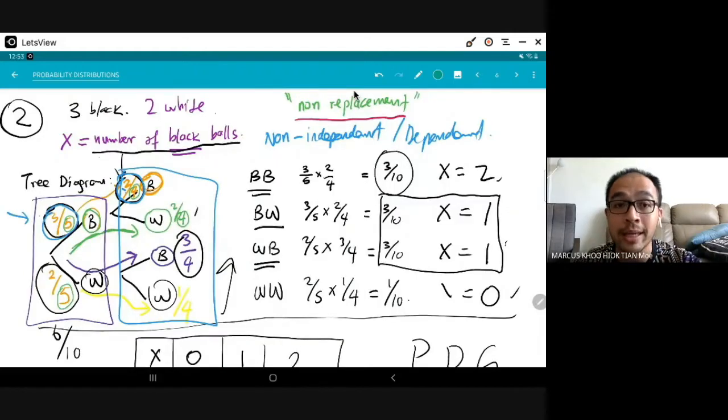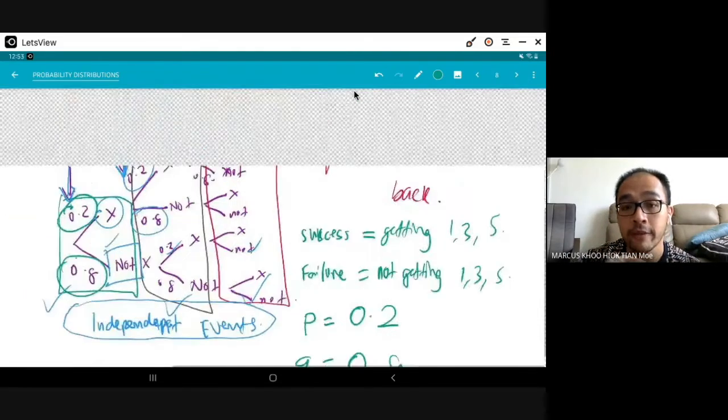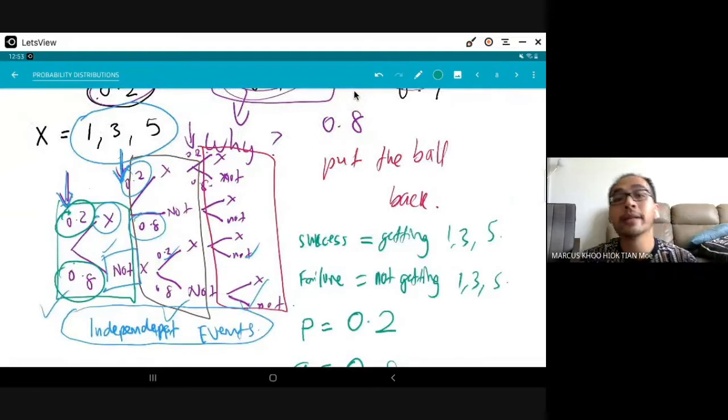We cannot do binomial in this situation, because once you take a ball, you do not put it back. The number of balls has decreased. So this non-independent case, we are not interested in this anymore. Okay, in this chapter, we are only interested in independent events. The first time you do it, the chance the second time is still the same.